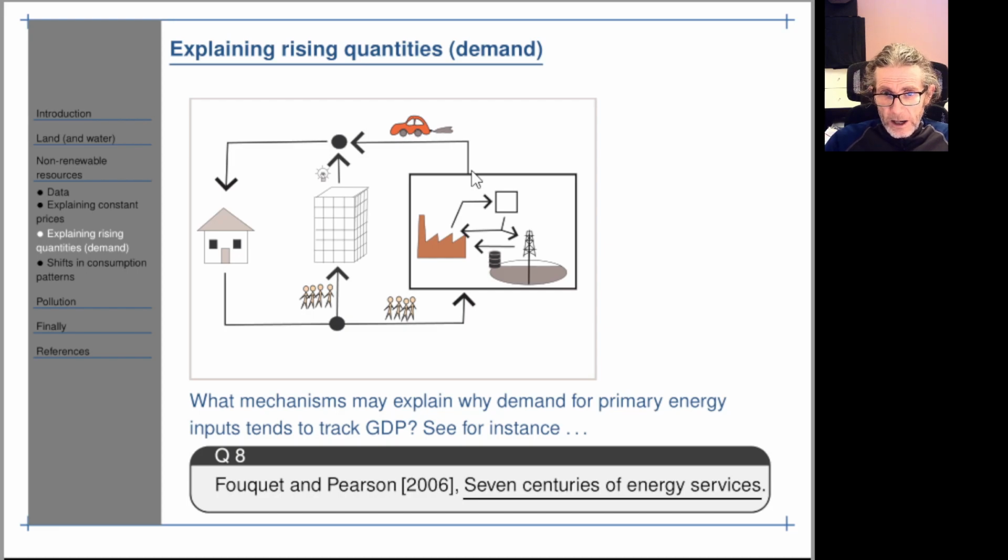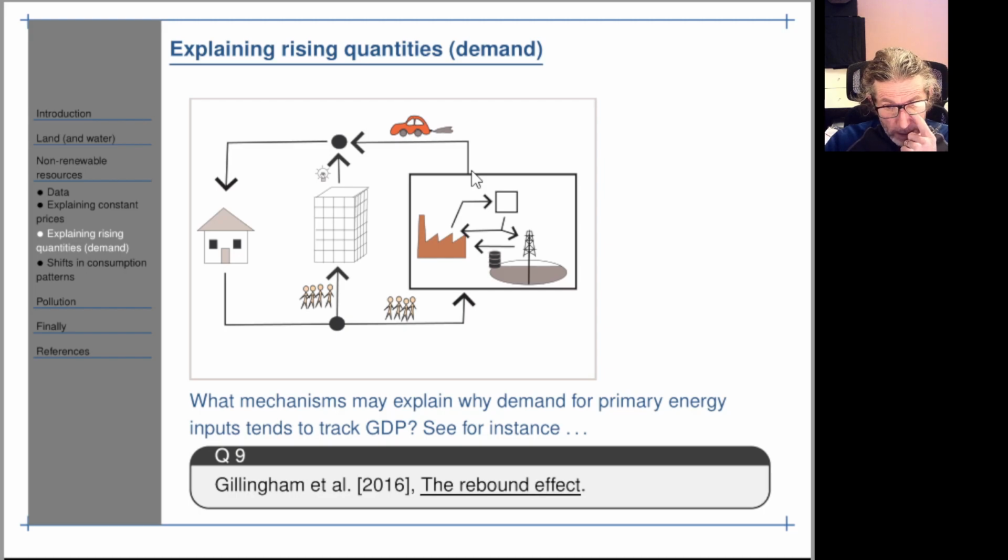Fouquet and Pearson is about light, especially, which I'll talk about shortly in the next video. And then Gillingham is about this rebound effect, that if we increase, say, fuel efficiency here, how big an effect does that have on these prices, and how much extra consumption do we see, which then reduces the original effect of the efficiency increase. That's the Gillingham et al. paper.